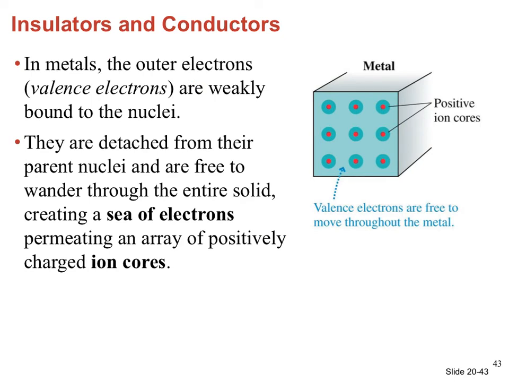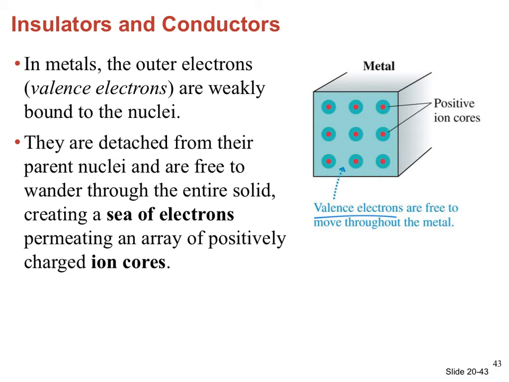With conductors, you probably learn about the electron cloud, or as they're sharing electrons, it's much more fluid. So there are more valence electrons that are easily movable or shareable between different objects. So they're very weakly bound.